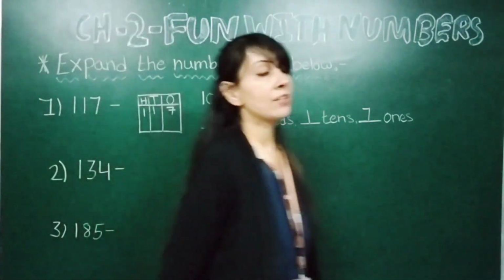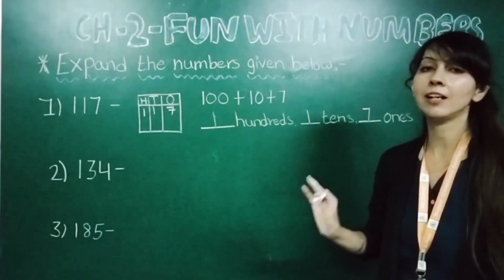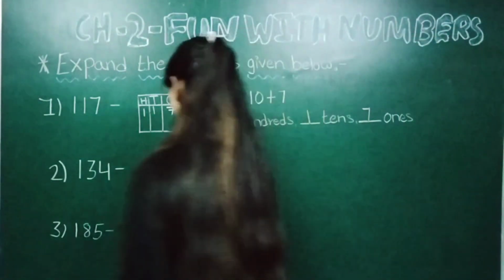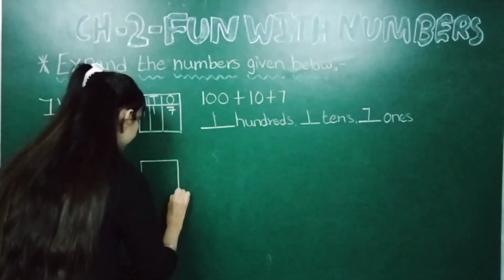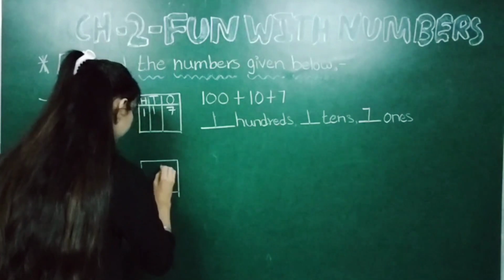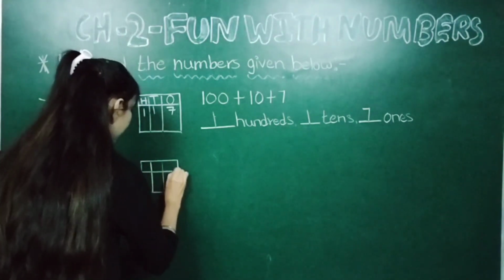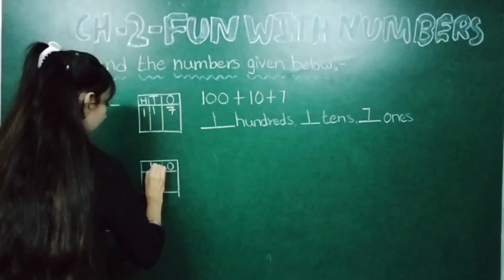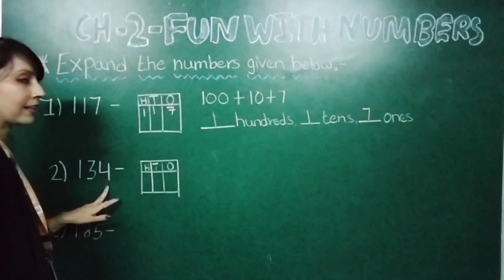Now here it's written 134. First of all we'll see the place value. In ones place we will write 4.